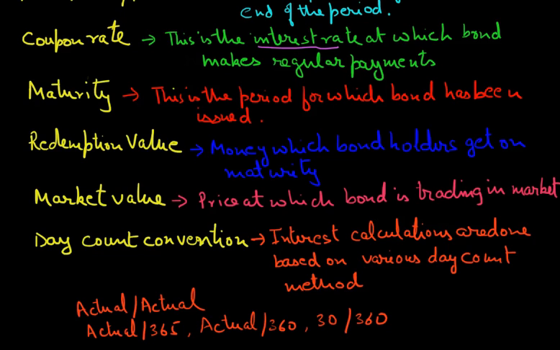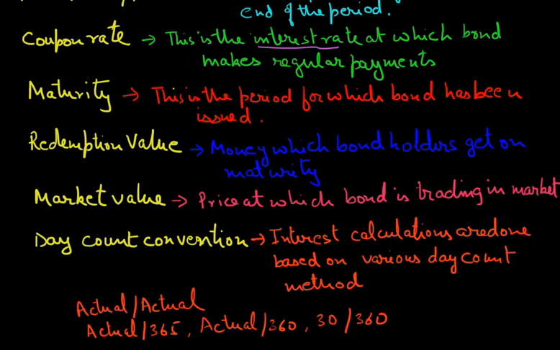And actual is the actual number of days for which that bond has been trading or has been in the market. Then actual by 360. In this case we consider a year to be of only 360 days. This is done for ease of calculation because 360 is an easily divisible number, and actual is the actual number of days for which that interest has to be calculated.